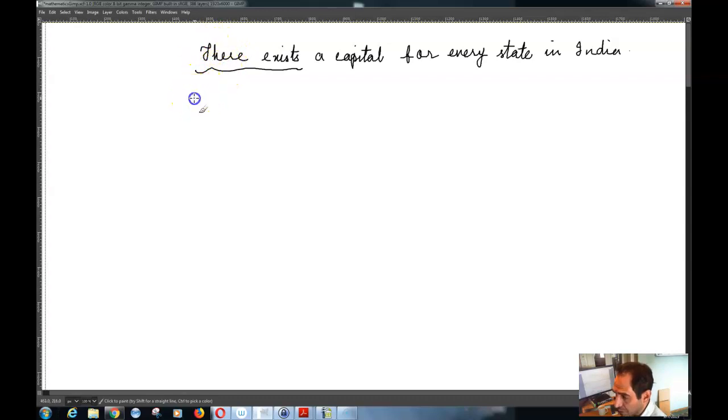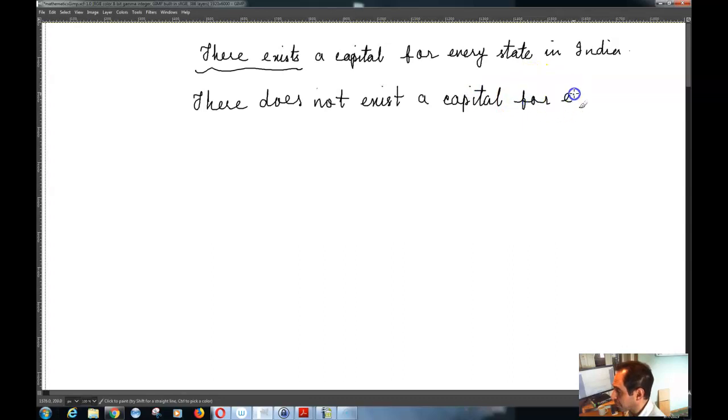That means there is at least one state in India for which there is no capital. That could mean that.